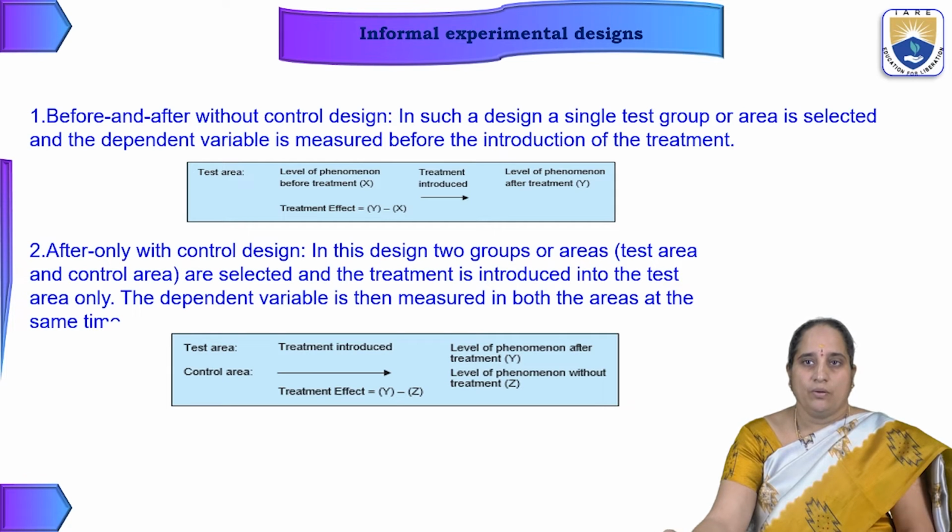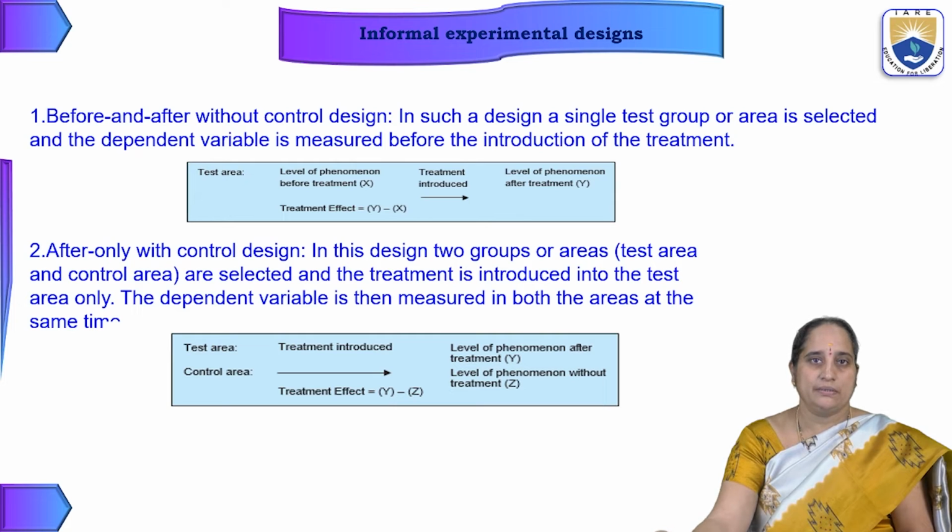Level of phenomena after treatment minus level of phenomena before treatment. In both cases we consider whether there is any significant impact between the seed variety and soil fertility before and after treatment. That should be done with the help of informal experimental design, the first one, before and after without control design.